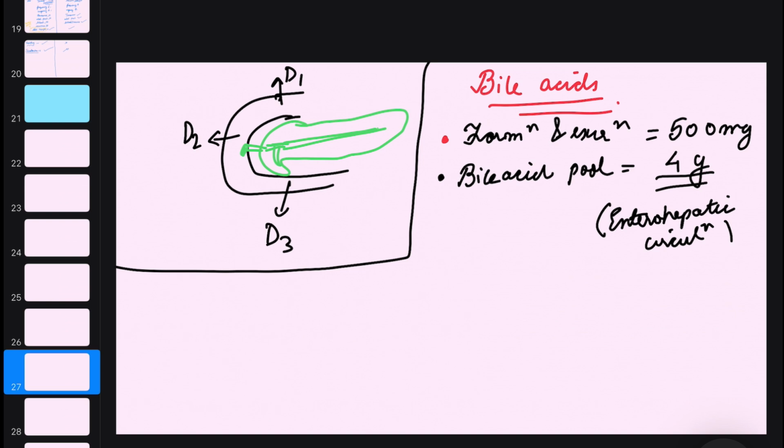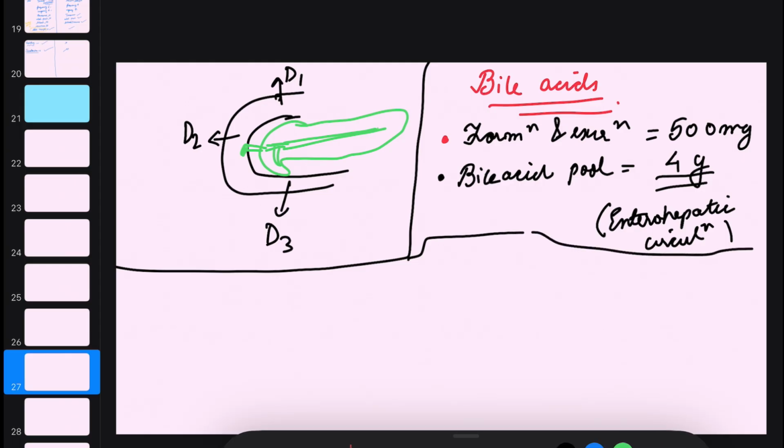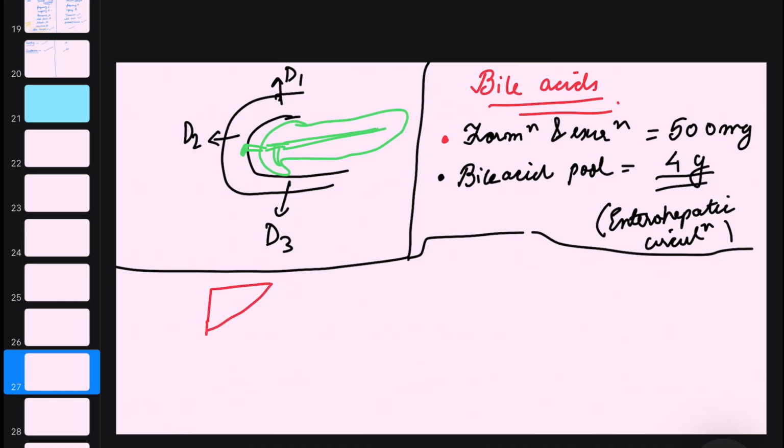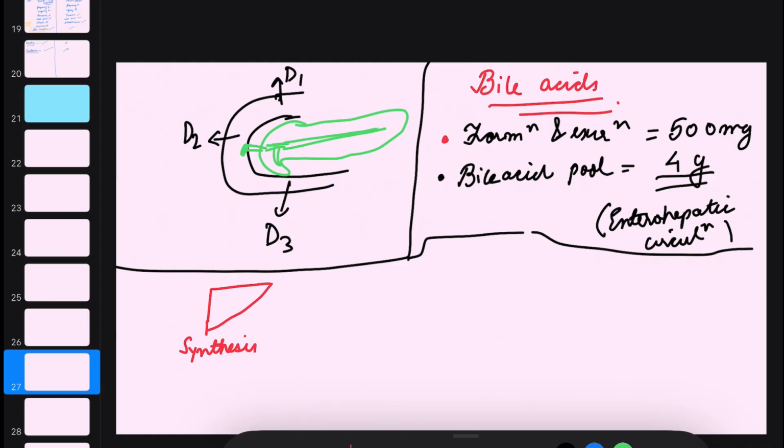Suppose, let me draw over here a line. Suppose this is my liver. I know that the synthesis is occurring over here. For the synthesis of bile acids, we know that, or you may not know this, we actually need an enzyme.